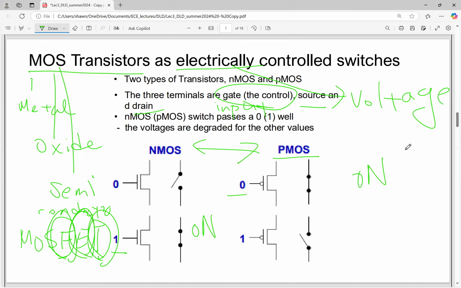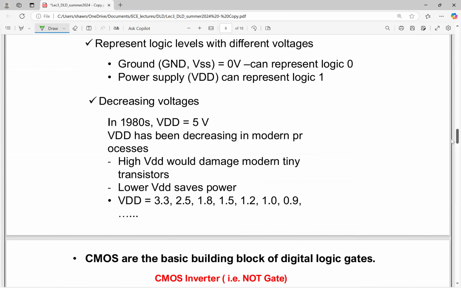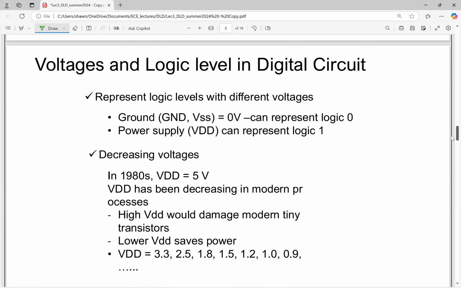But to turn on the transistor, they require a certain magnitude of voltage. So how high a magnitude is required to turn on the MOSFET?